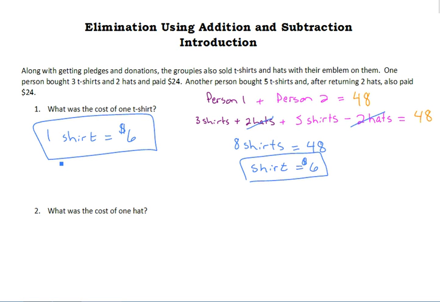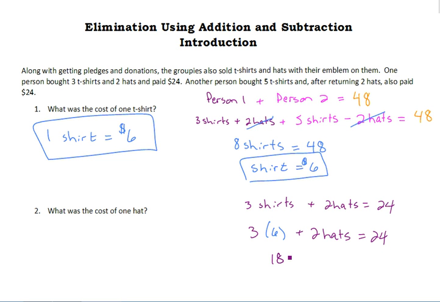Okay, next question. What was the cost of 1 hat? Well, kind of hard to see here because we canceled out those hats. So let's go back to person 1. Person 1 bought his 3 shirts plus his 2 hats, and we know that he just spent $24. So our shirts were $6 a piece plus our 2 hats is going to give us that 24.